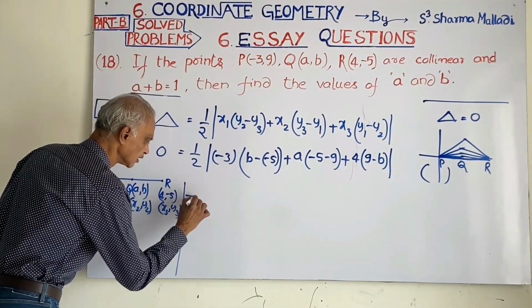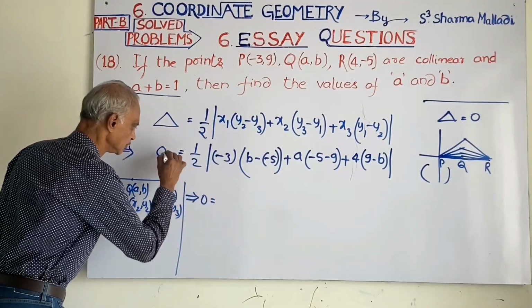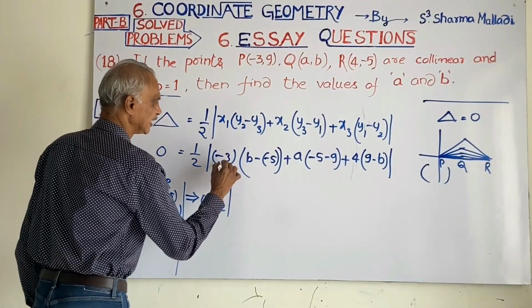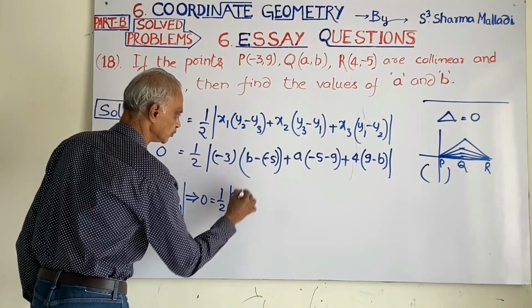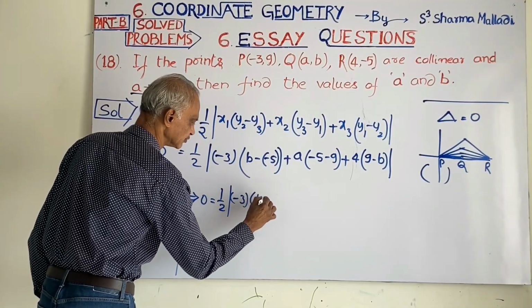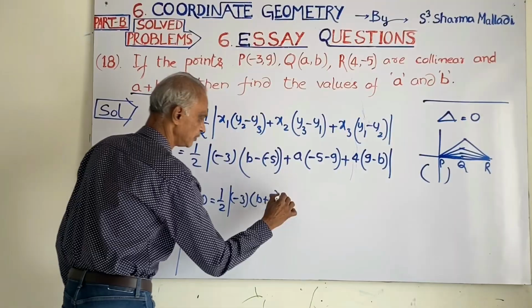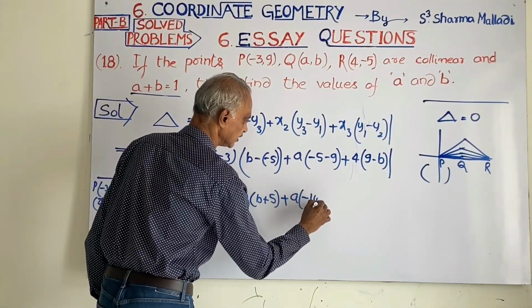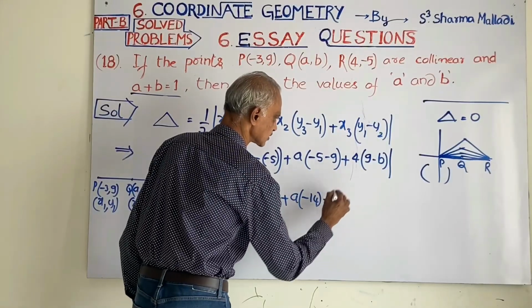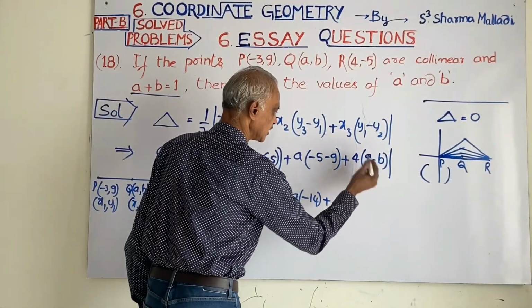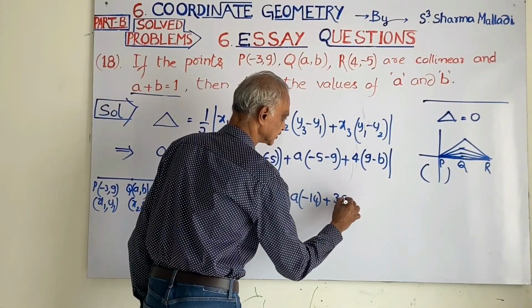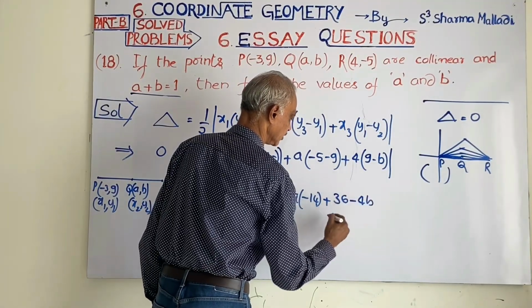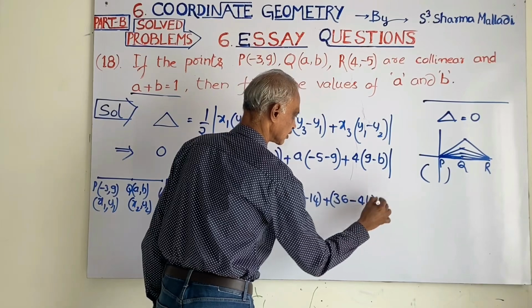Now 0 is equal to, you take this 0 and half into minus 3 into b plus 5, plus a into minus 14, plus 4 into 9. 4 9s are 36, minus 4b.